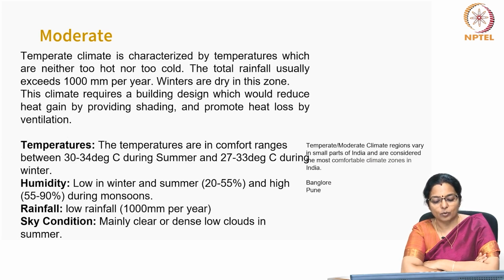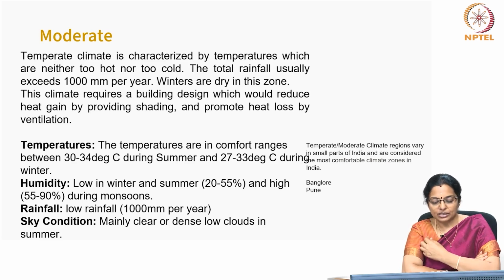This climate requires a building design which would reduce heat gain by providing shading and promote heat loss by ventilation. So, in this climate, the building should be such that heat gain must be reduced through appropriate shading and heat loss must also be promoted through ventilation.